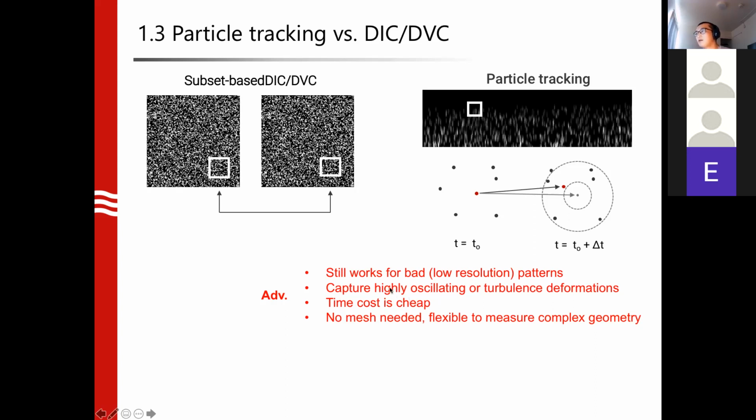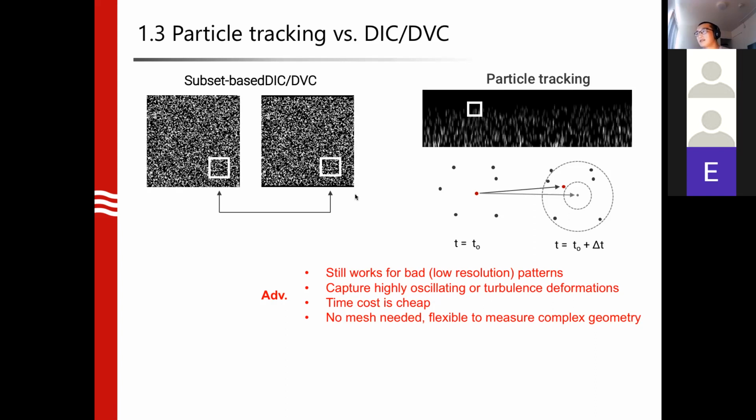Also for the deformation, in the subset of DIC, you always track subsets. So you assume each subset has the same uniform shape function for the deformation. You track the whole area of each local subset. For the particle, you just track each individual particle, so you can use this to track more oscillating or turbulent deformation fields.